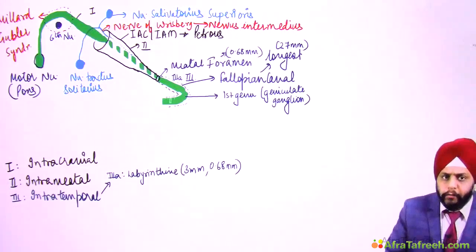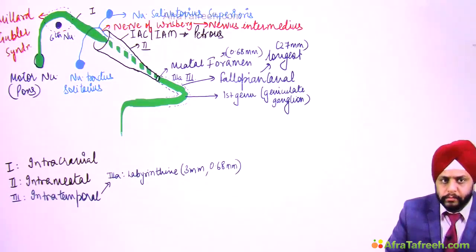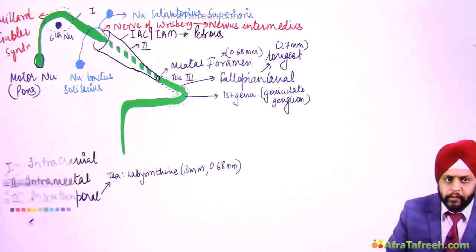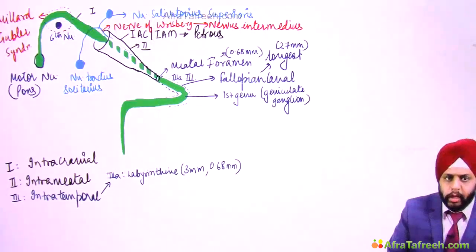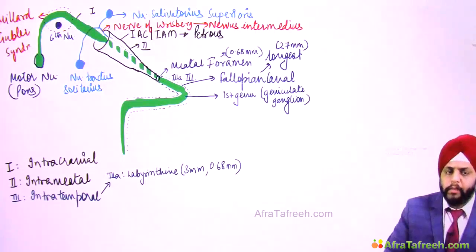Now the facial nerve takes a sharp turn and runs horizontally over here. This segment of the facial nerve is known as segment 3B. We call it the horizontal segment of facial nerve.